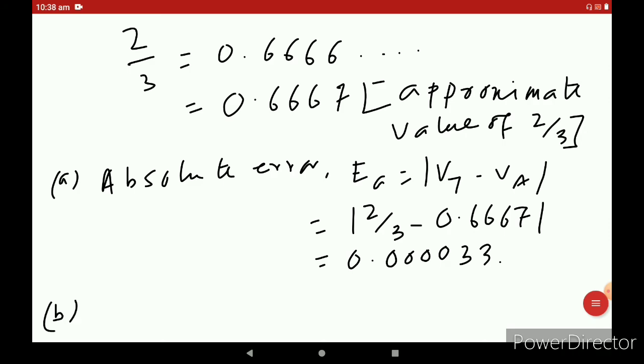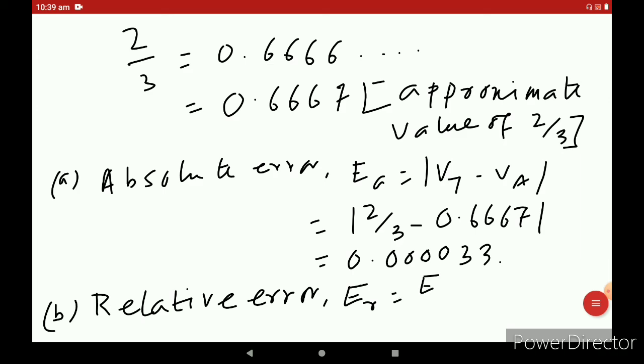Next, in a similar process we find out relative error. Er equal to Ea, absolute error, by true value.